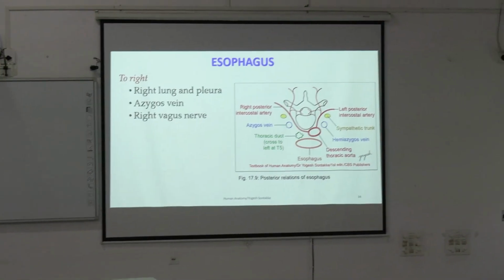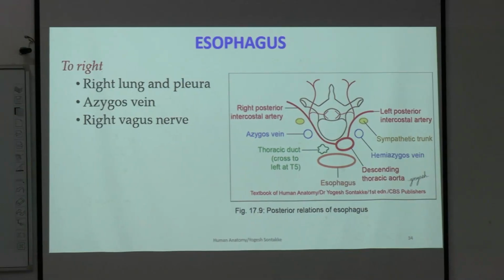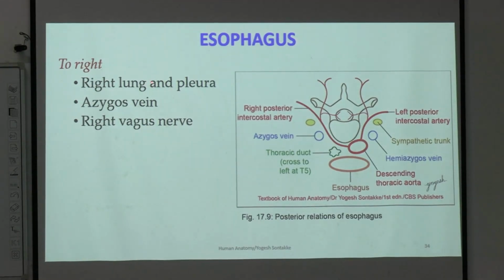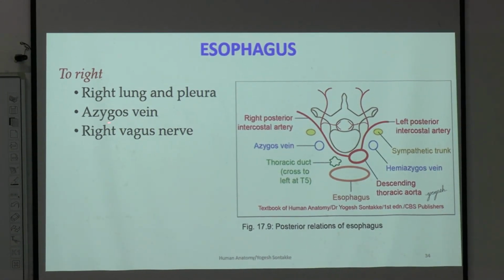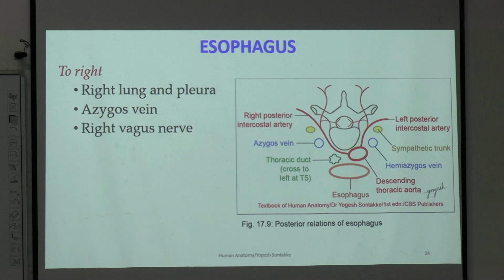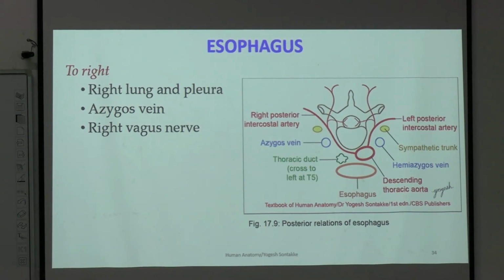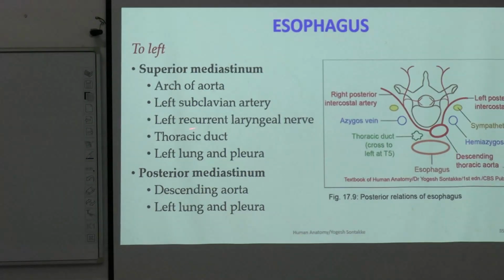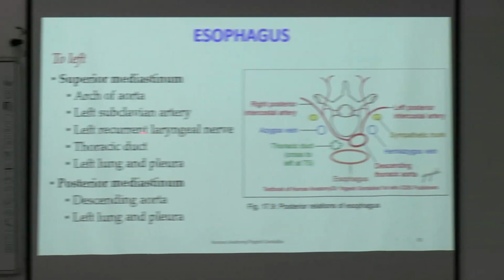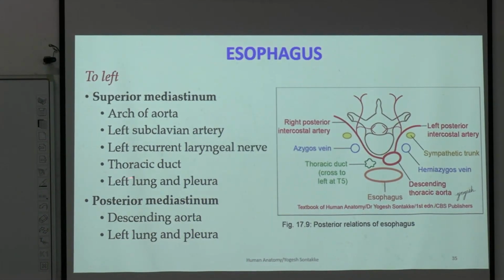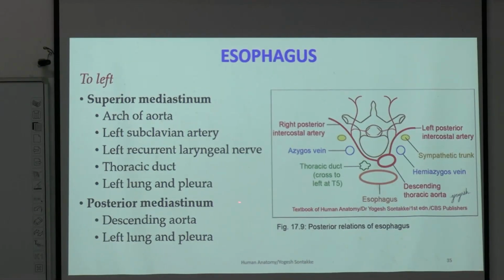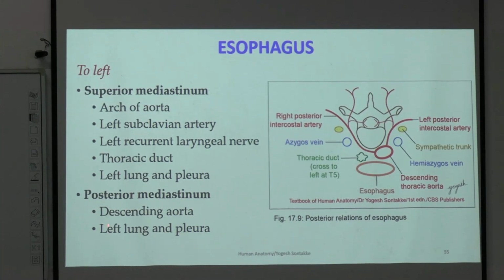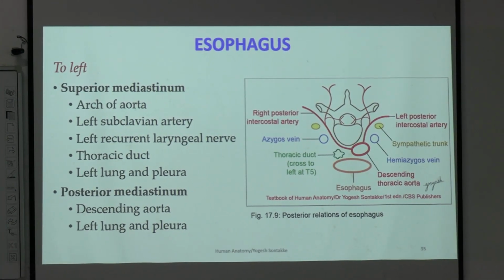Now esophagus, right: lung and pleura, azygos vein, right vagus nerve. To the left, the superior mediastinum, arch of the aorta, left subclavian artery, left recurrent laryngeal nerve, and thoracic duct, left lung and pleura; posterior mediastinum, descending aorta, and left lung and pleura.